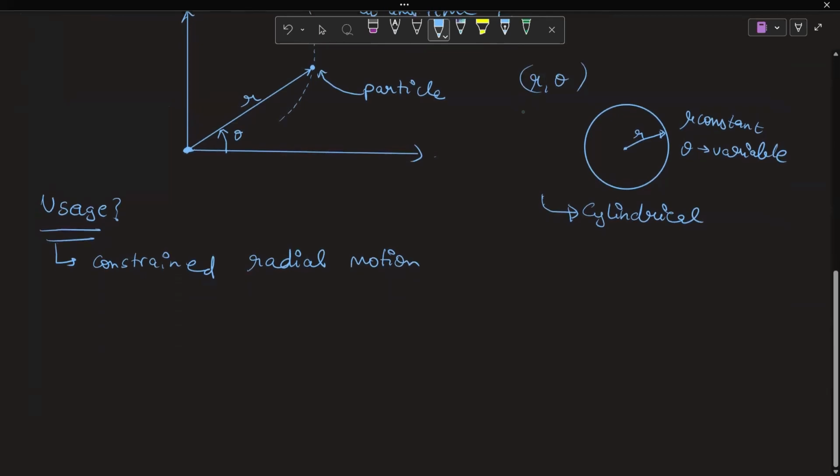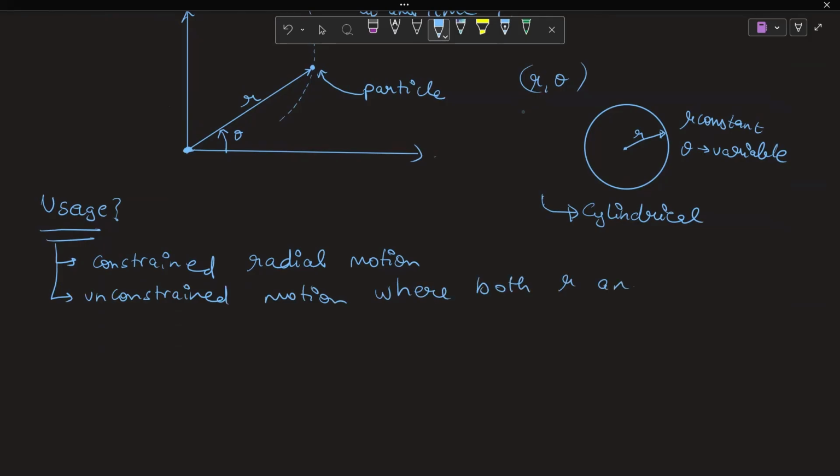Or you can use this in unconstrained motion when it is observed by the measurements of a radial direction or an angular position, in an unconstrained motion where both r and theta are variable.